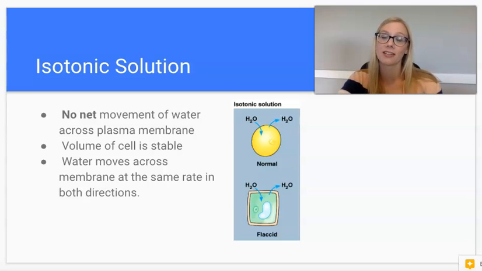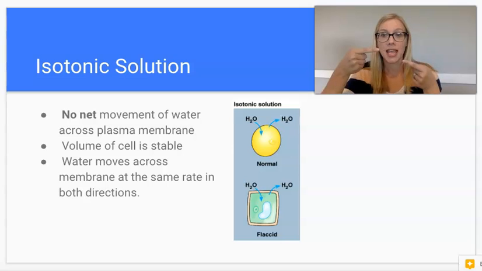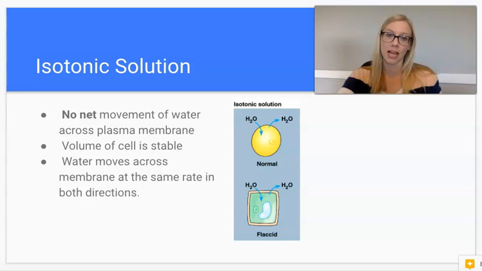We're continuing our discussion about osmosis and water movement. So here's an isotonic solution. What's the definition of an isotonic solution that we kind of briefly talked about? That's where we have no net movement of water across a plasma membrane. Notice it says net movement. That means we do have movement in both directions. It's just equal in both directions, right?